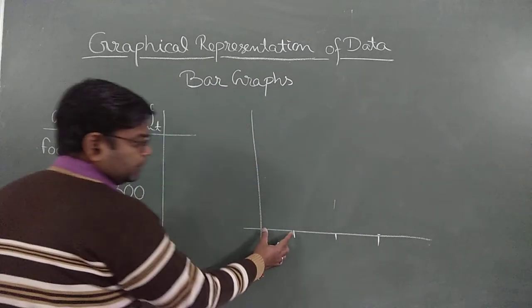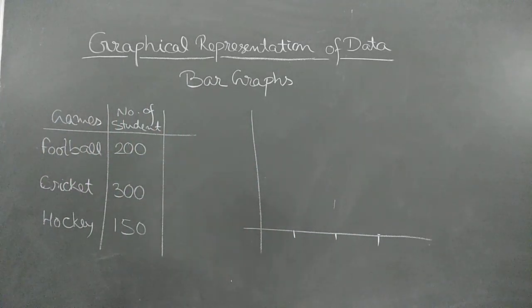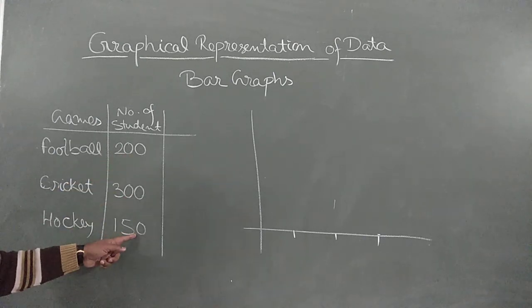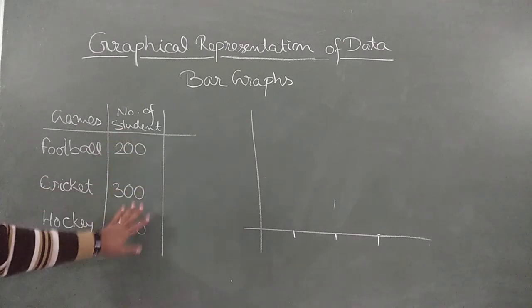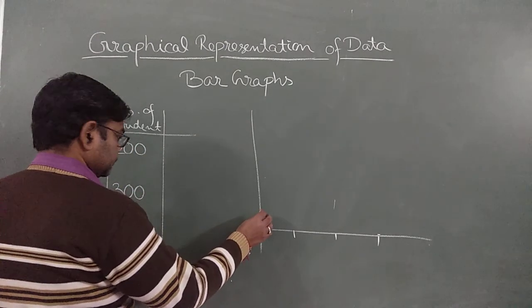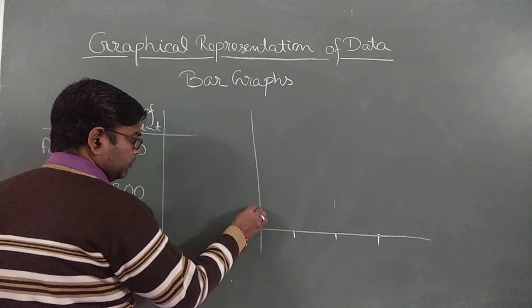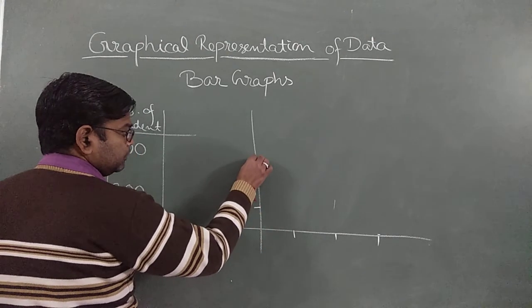Always remember that these should be at equal distance. Clear? Now see, these are the variable part. Now means number, these are the data. So the data or variable part of frequency we write over here, starting from equal distance, and each represents some unique number.